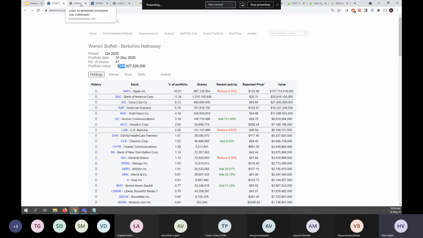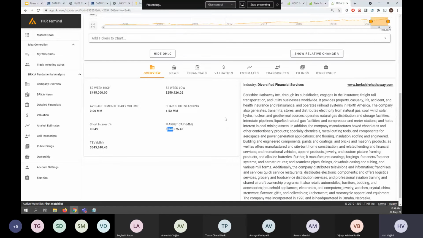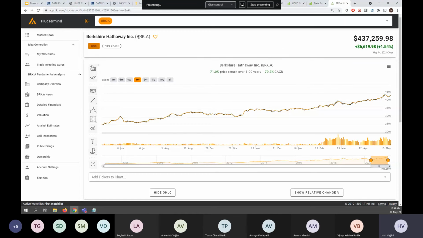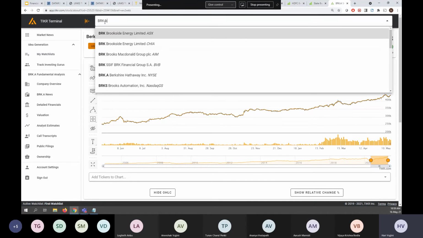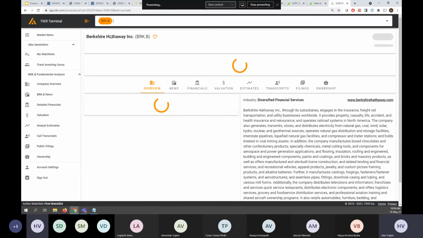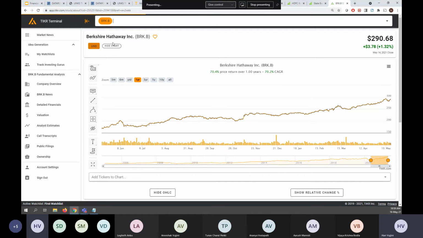It's one of the most successful companies in the whole world. And the share prices are also very high. They have two kinds of shares. Berkshire A is too expensive, but one can buy Berkshire B.